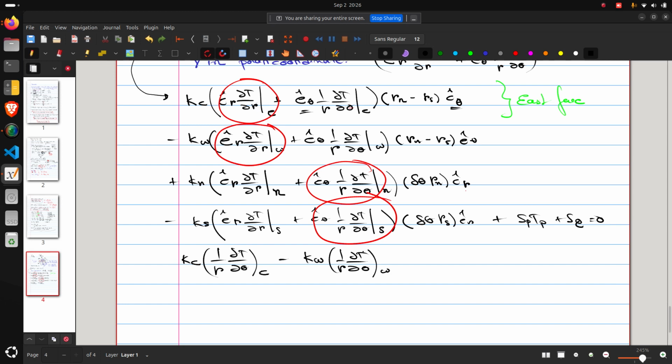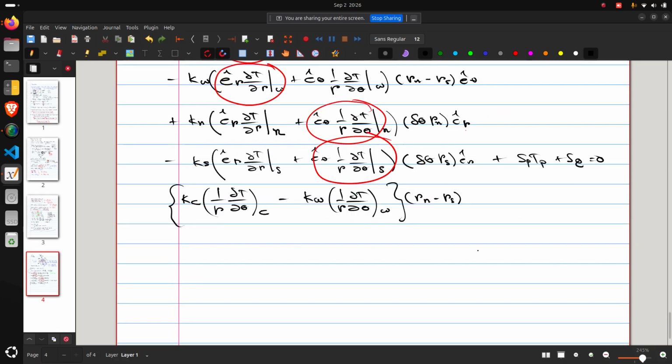Okay, sorry, the areas will also be there. So Rn minus Rs, or we can just take a simplification and write it as Rn minus Rs is equal to delta R.